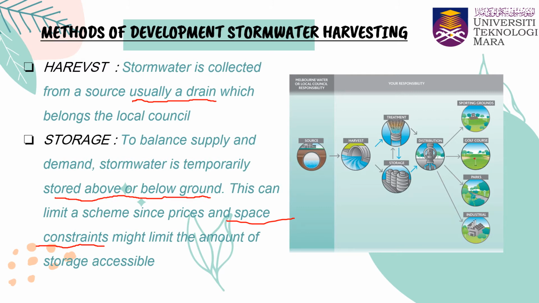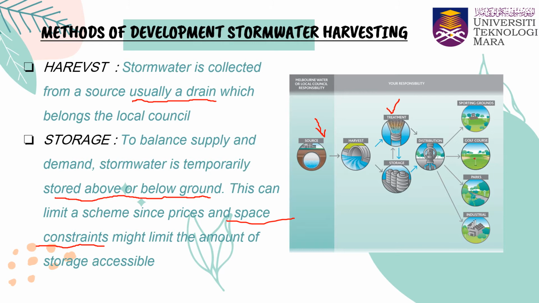From the map here we have sources, and then we harvest. After we harvest, sometimes we should have a treatment, or if the water quality is not so bad, we just put it in the storage.